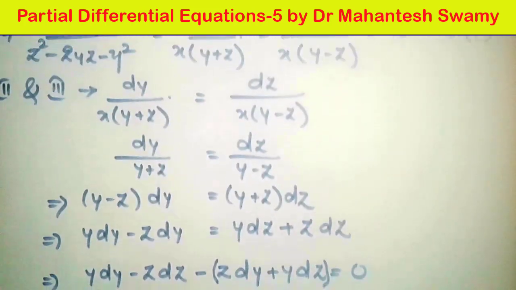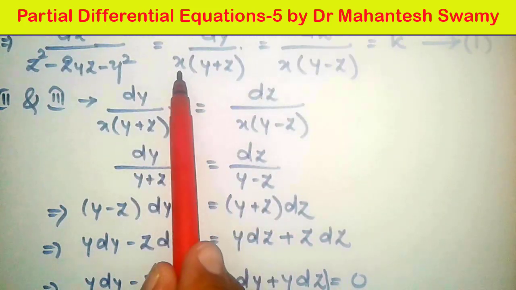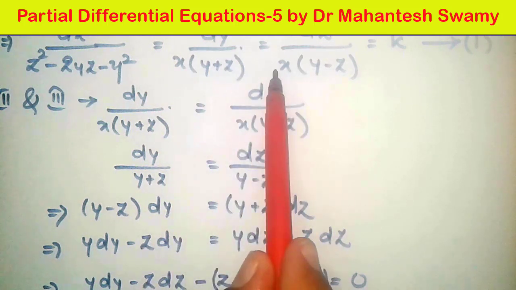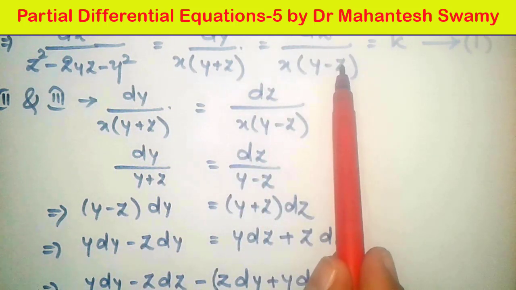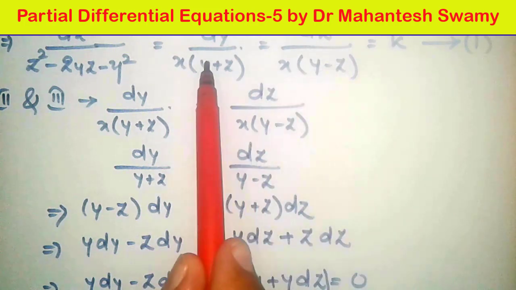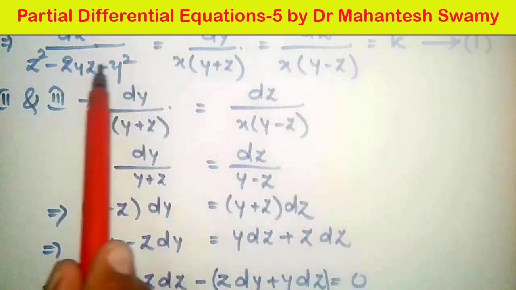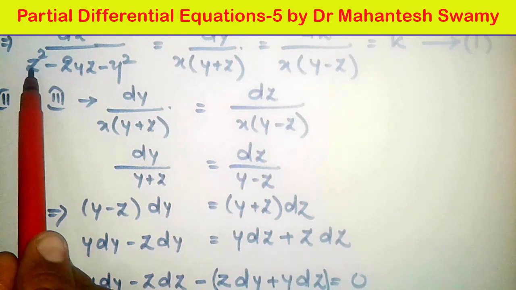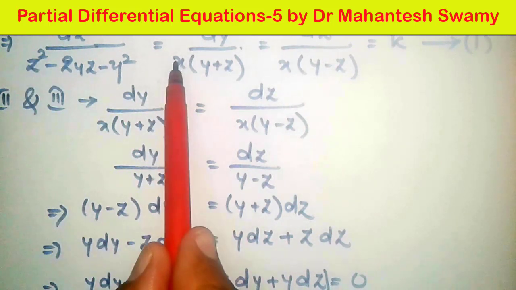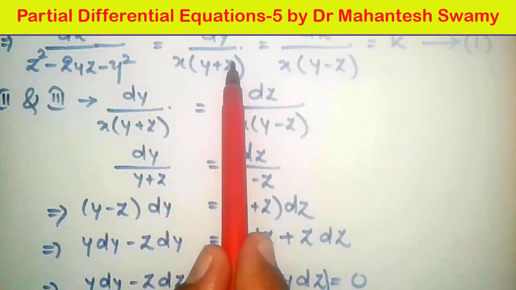So if we look at the terms here, xy plus xz, xy minus xz, and if we look at the denominator, the terms in the denominator here have z square, here x, we are having xz.